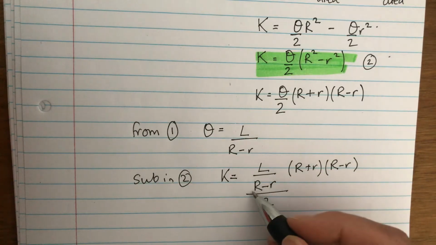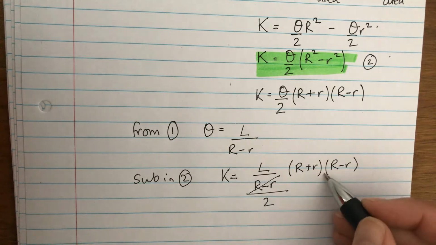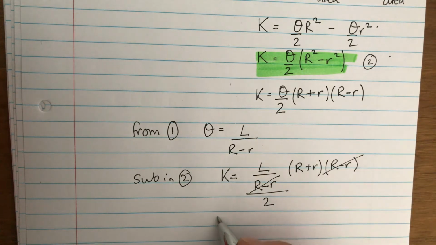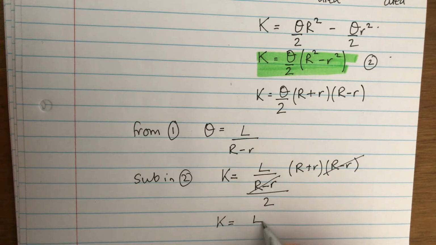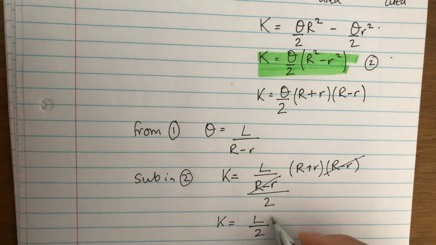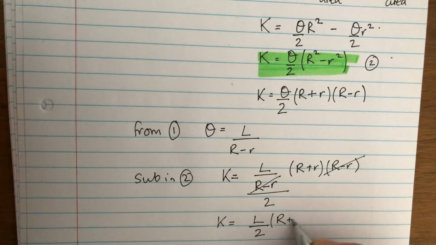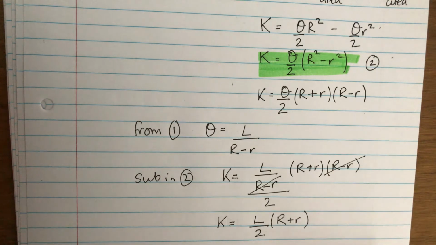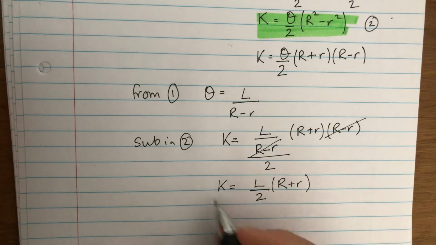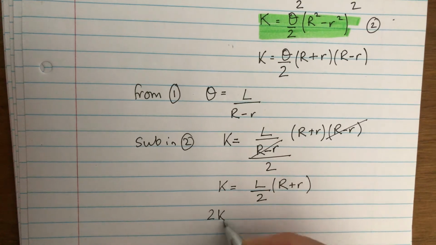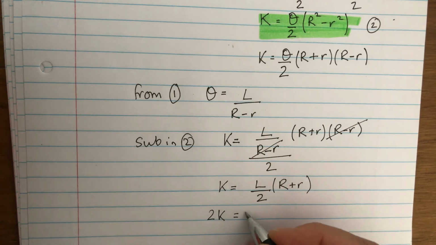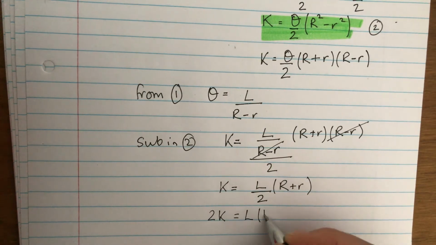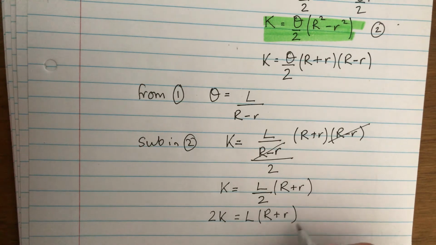I can then cancel that with that. So I'm left with K equals L divided by 2, lots of big R plus little r. And all I now need to do is rearrange so that little r is the subject of the formula. Times by 2: 2K equals L times big R plus little r.